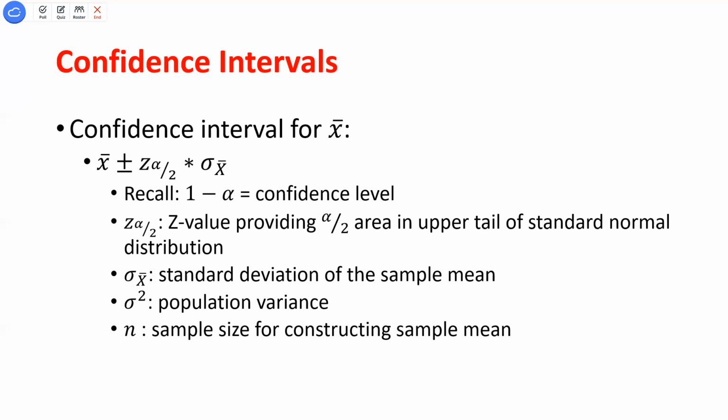But knowing what those Z values represent, we don't need to know exactly which one of these sample means we have. We just need to know that if we go out 1.96 standard deviations above and below, that's going to guarantee that our confidence interval includes the population. So we can't convert these sample means into Z values anymore.